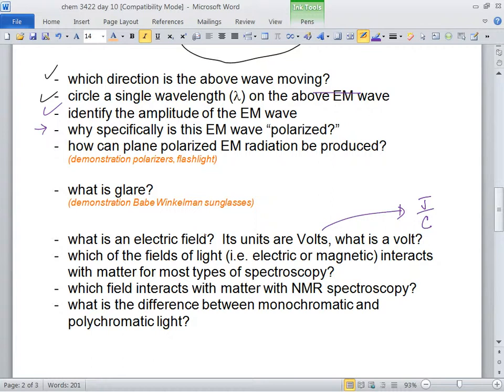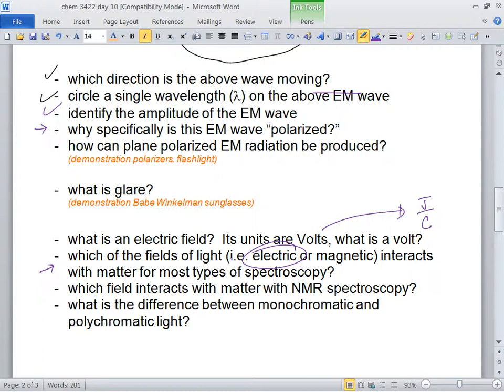Which of the fields of light interacts with matter for most types of spectroscopy? Andy, you've got a 50-50 shot at getting this right. Electric, exactly. Okay. What would you guess here, Brandy?